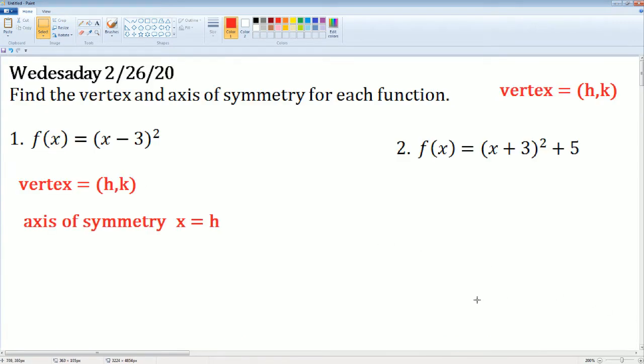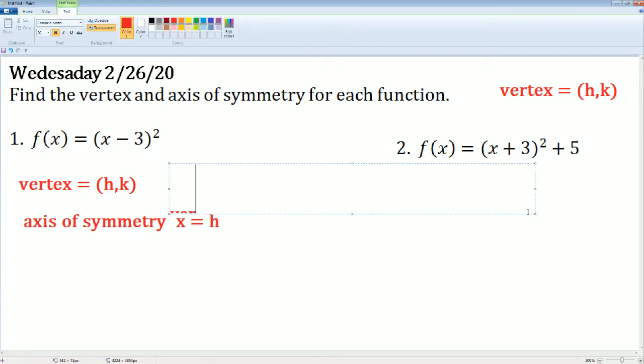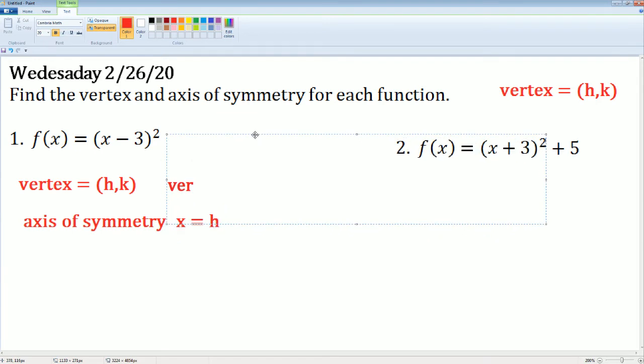Right? So, vertex. Well, what is my vertex here? My vertex was h, k. So let's make that blue. So what is my h? I write the opposite of it, so it becomes a plus 3.